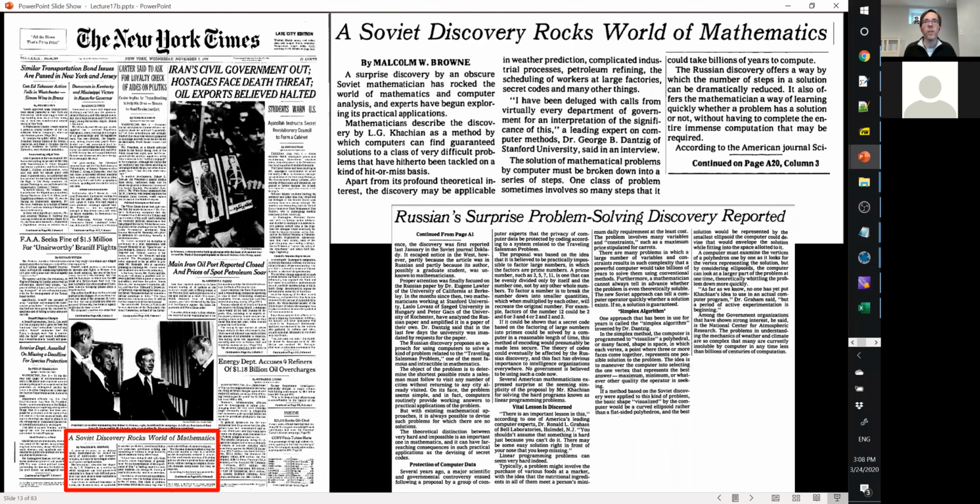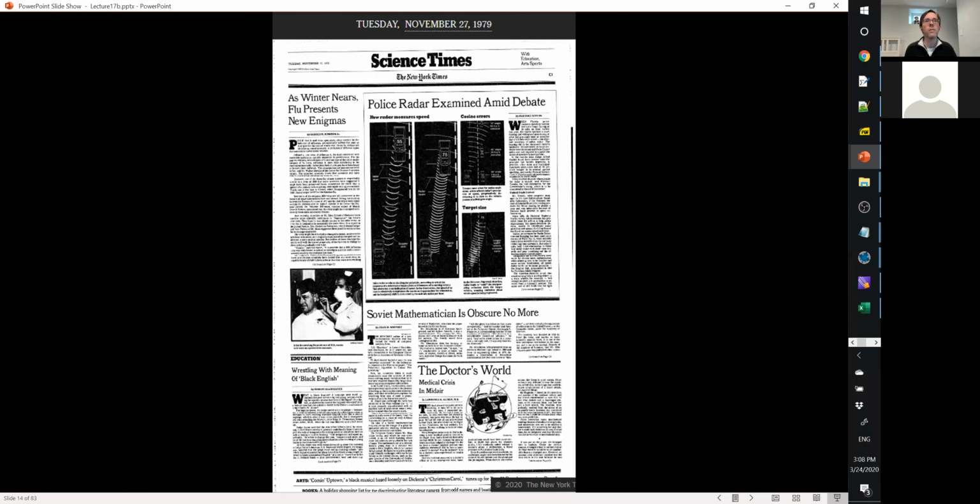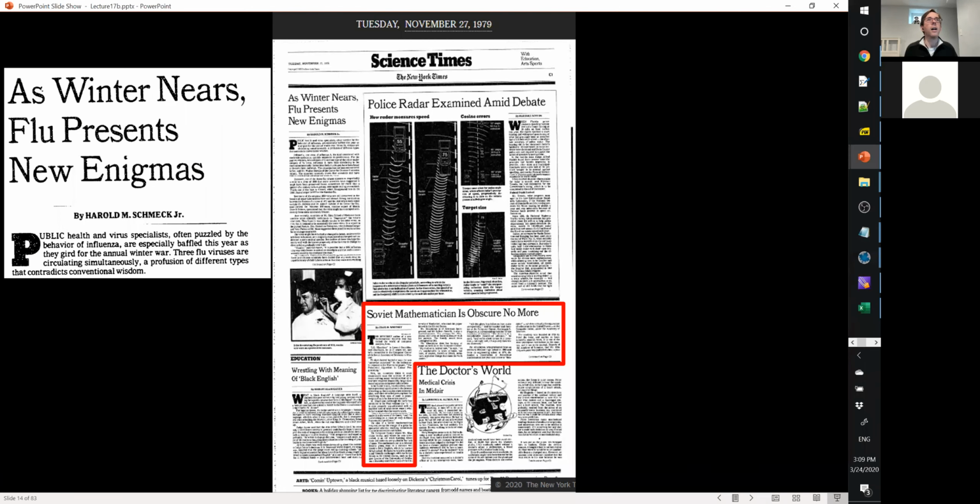Actually, I thought it was a little bit funnier to show a follow-up article from, I think, a month later, or even less than a month later. This is from Tuesday, November 27th, 1979, front page of the science section. And it was about Khachiyan himself. Soviet mathematician is obscure no more, it says. And yeah, that's the top story, plus ça change.